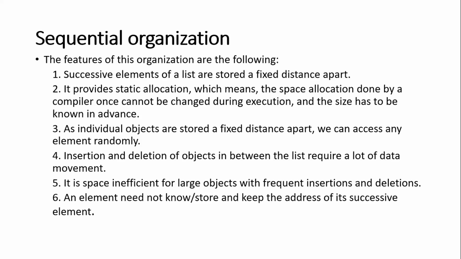That is the advantage of this organization. Next, insertion and deletion of objects in between the list requires a lot of data movement. Yes, this is again a disadvantage. You can access any element randomly, that is the advantage, and the disadvantage is that if you want to make insertions or deletions, the list requires a lot of data movement.